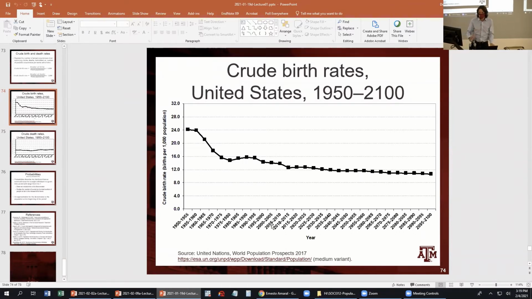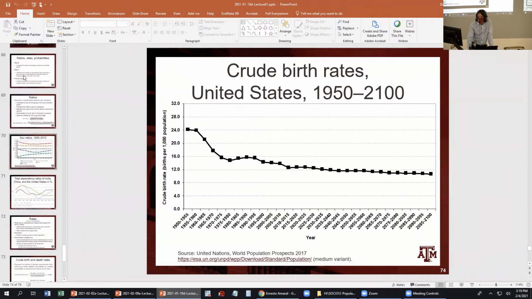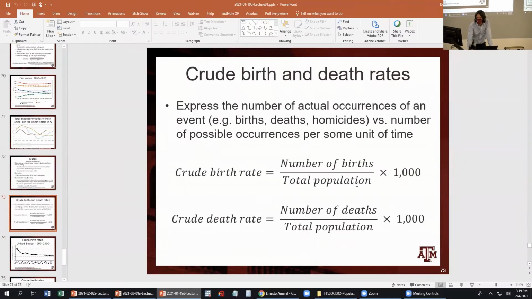Oh, you mean the natural increase, right? For the natural increase, you subtract one from the other, and then you divide by 10, because then you go back to 100, since here you multiplied by 1,000. When you take the crude birth rate minus the crude death rate, that's the natural increase.